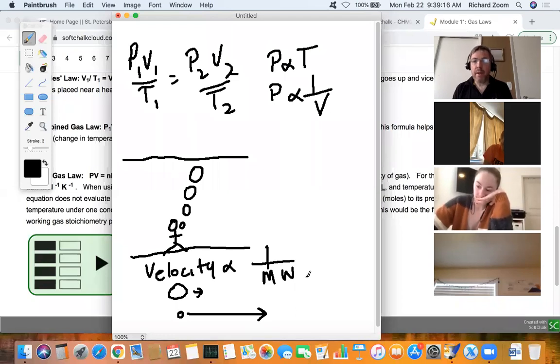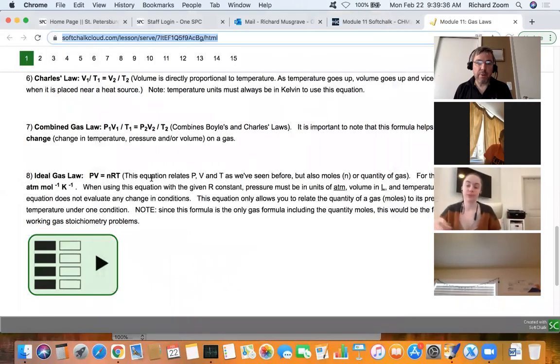So that's what we're noticing as well with these atoms. There are going to be problems that you will encounter in Module 11 that relate molecular mass to speed of the molecules. And we'll investigate that a bit more when we look at Graham's law at the end of this module.